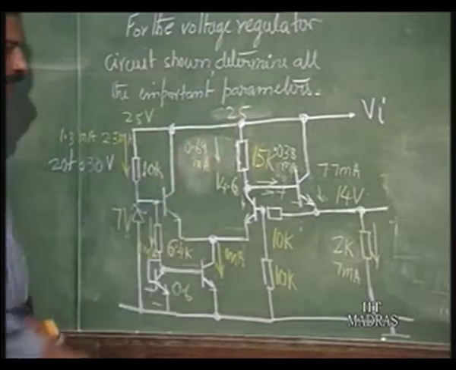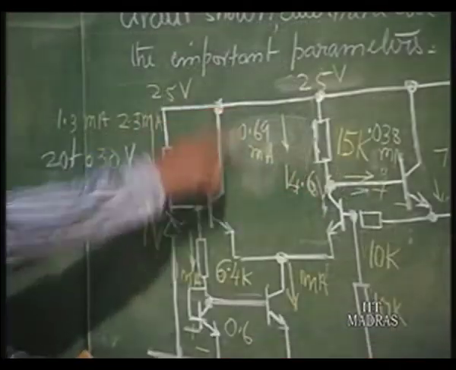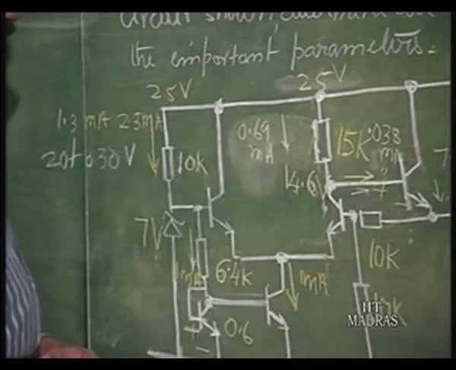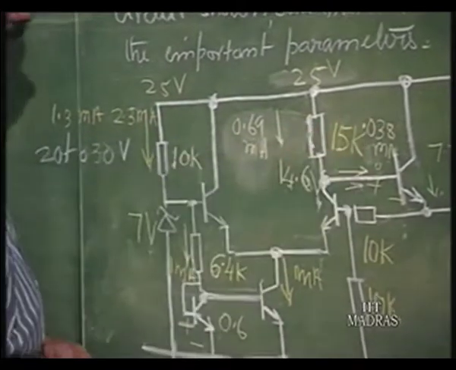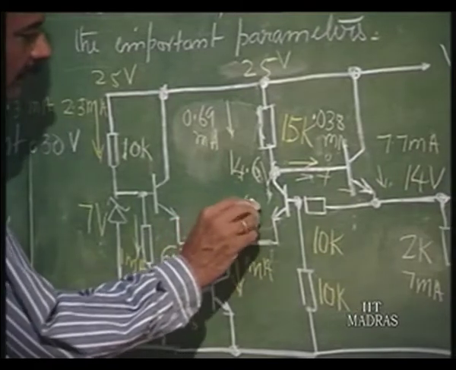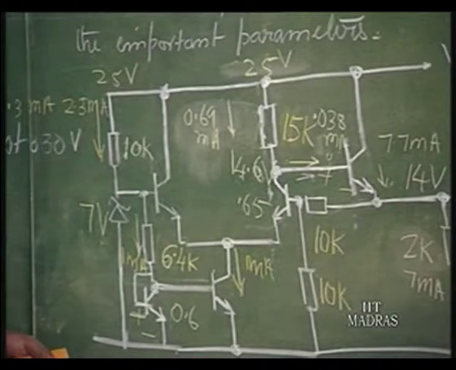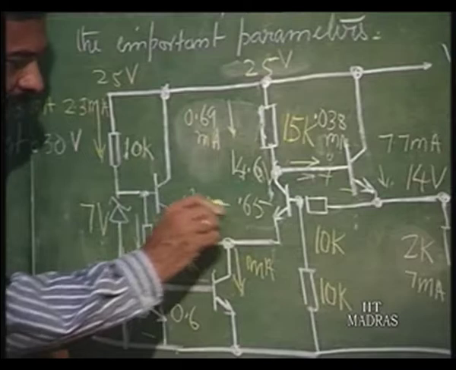Now, for a 25 volts here, this is 14.6 volts, the current is 0.69, out of which only 0.04 goes, let us say this is 0.04. So, what is remaining here is 0.65, okay. So, this will have 0.35 milliamperes.